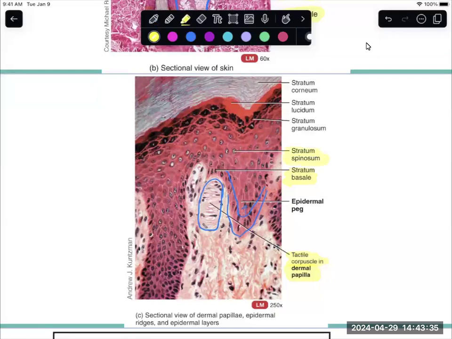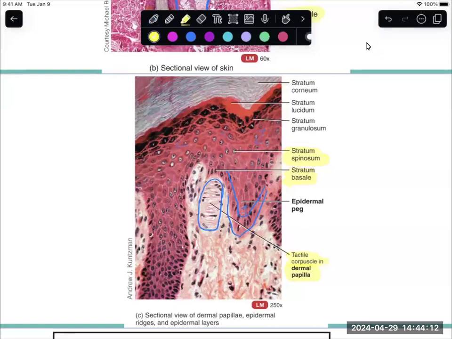That's the stratum spinosum. It's labeled that because these cells have some sort of points to them. That's because these cells are attached to each other. As one cell gets pushed up, the one next to it may not be ready to be pushed up yet, and that causes the cells still attached to each other to form these points, because one is getting pushed up while the other stays toward the bottom.